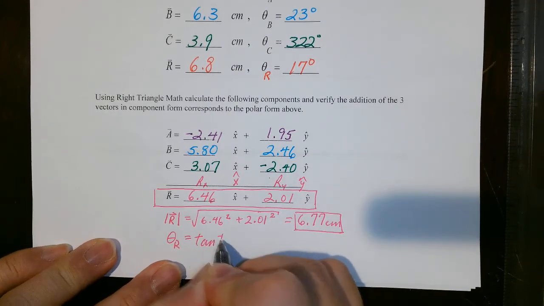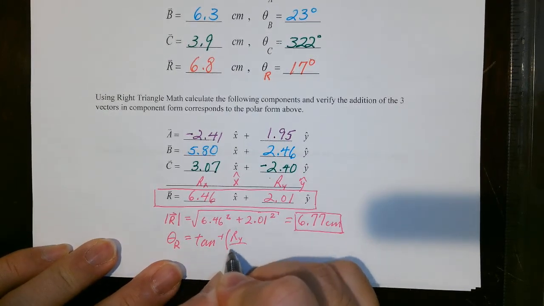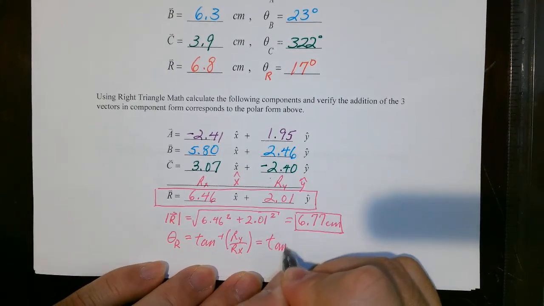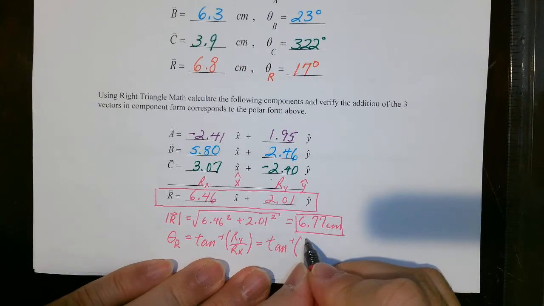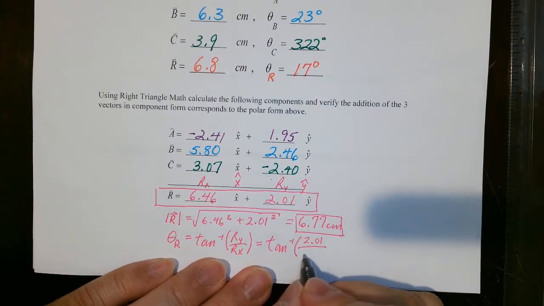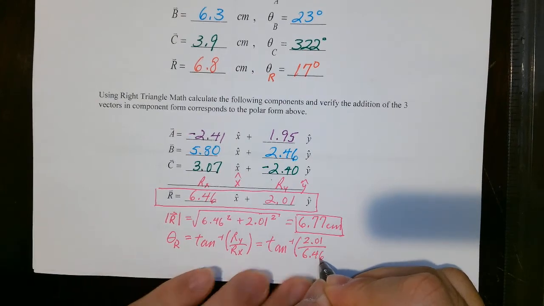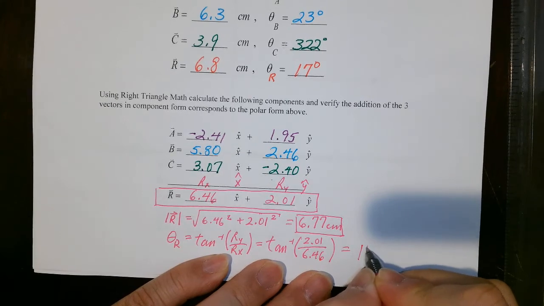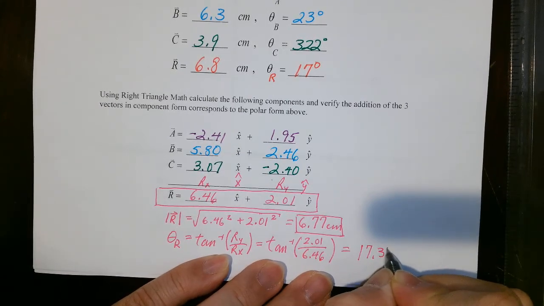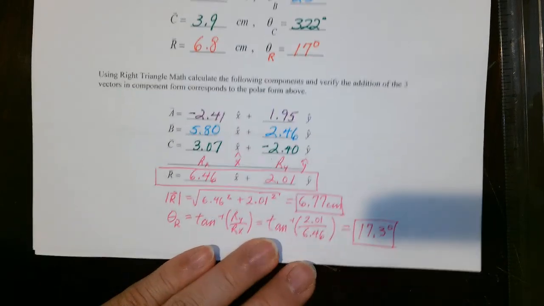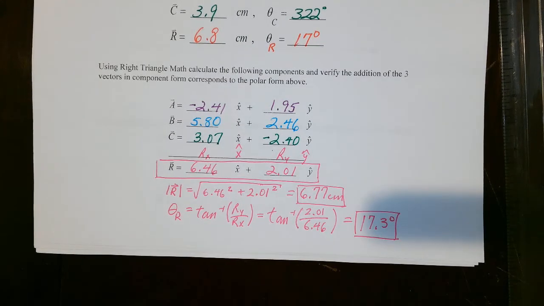So you do tan inverse of RY over RX, and that is tan inverse of 2.01 over 6.46, and that comes out to 17.3 degrees, which is again very close to what we measured. So they worked out okay. All right.